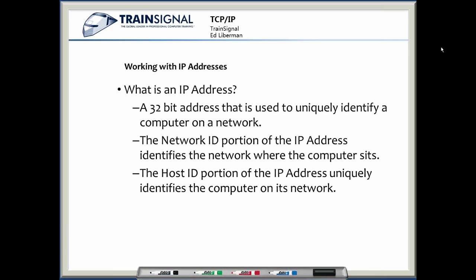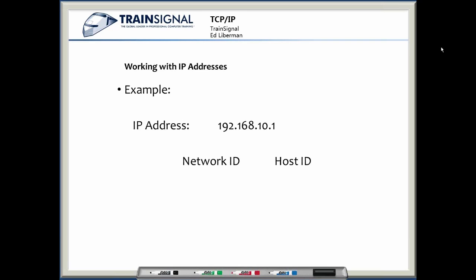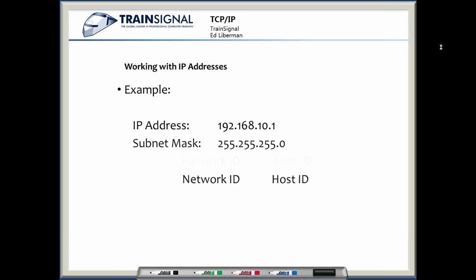But where we draw the line is where things get a little bit tricky, and that's what we're going to learn today. So here we have an IP address, right? We have an example of 192.168.10.1, and again, the network ID is on the left and the host ID is on the right. But where do we draw the line? Where we draw that line is determined by something called a subnet mask.